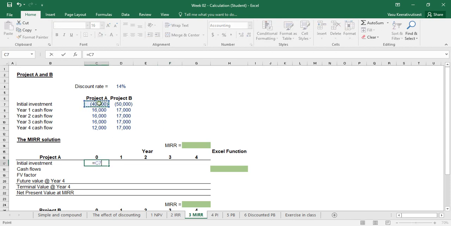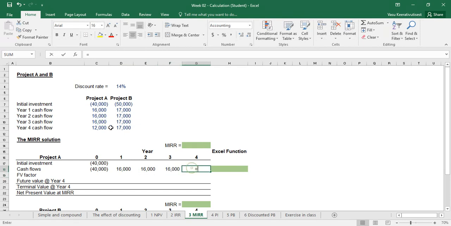Initial investment is 40,000, cash flow is 16,000, 16,000, 16,000, and 12,000. So in terms of future value, we need a future value interest factor. In this case, we will calculate from year 1 to year 4 only.